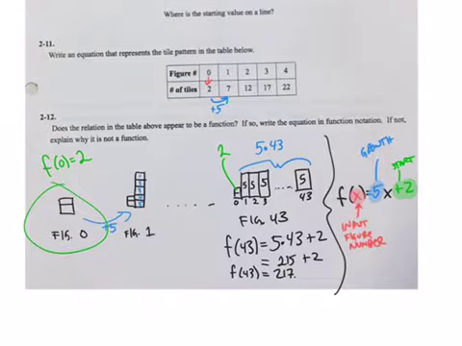And this is a general strategy for writing the function equation for this linear tile pattern, this tile pattern that grows at a constant growth rate of plus 5 every step.